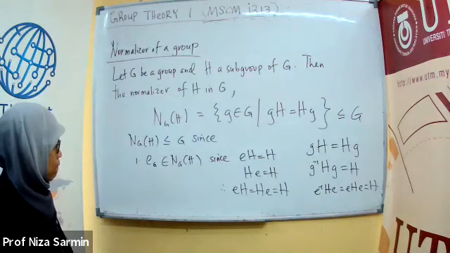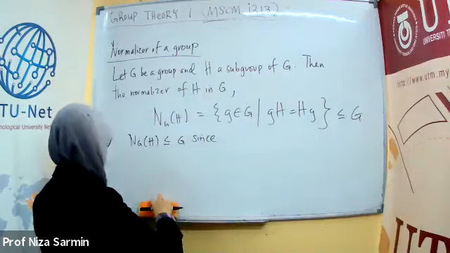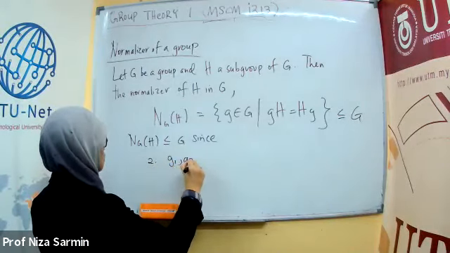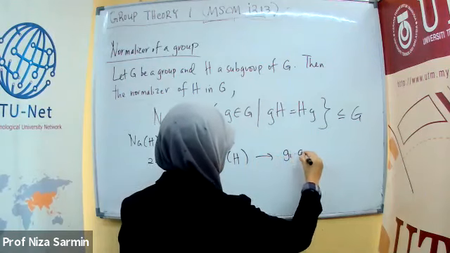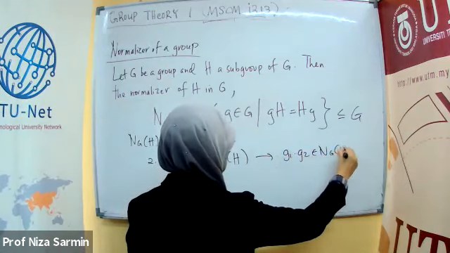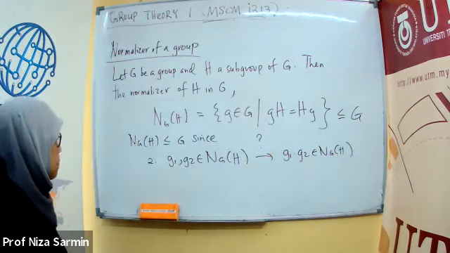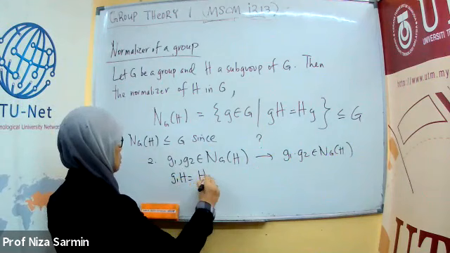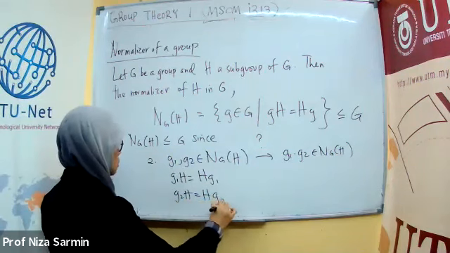Next, the second one is closed, right? Subgroup test and then inverse. g1, g2 in N_G(H). So g1, g2 in N_G(H) means g1H is Hg1, g2H is Hg2.